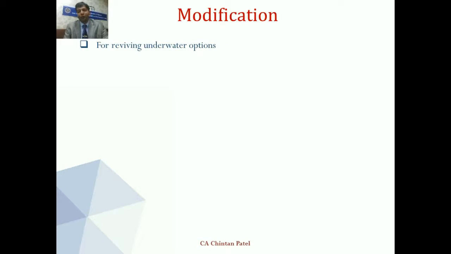There may be a need for modification in your stock option, either to revive the underwater options or otherwise. For example, the company has given employees the right to exercise shares at ₹10 per share.